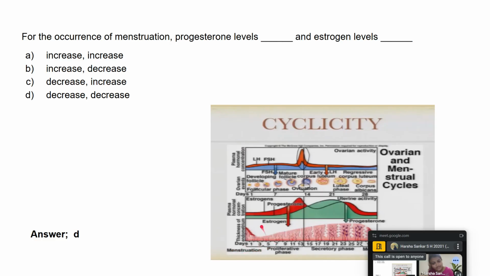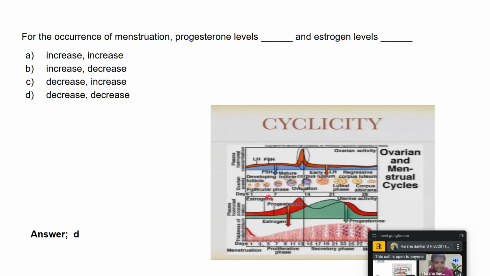Here, estrogen is labeled in red and progesterone is labeled in green. So here you can see very low levels, right? Progesterone and estrogen are decreased during menstruation. You can see the red and green.